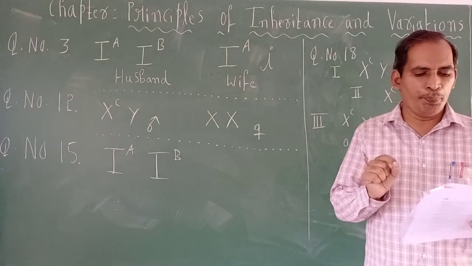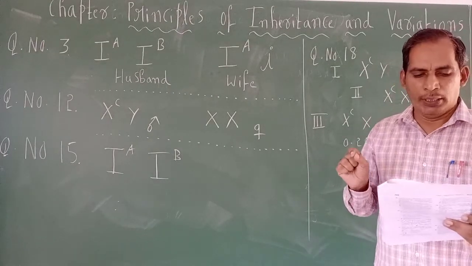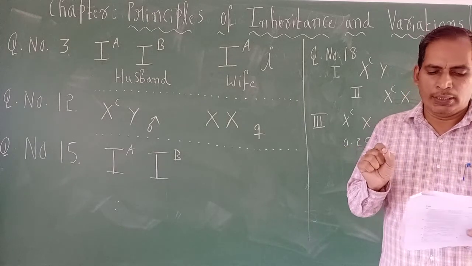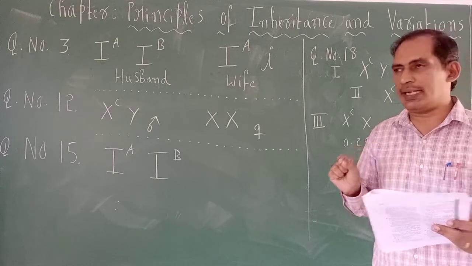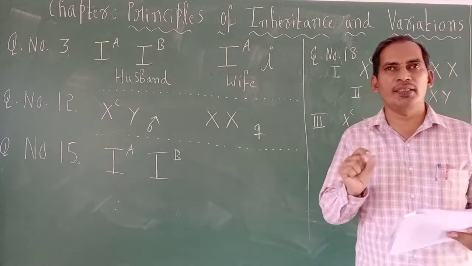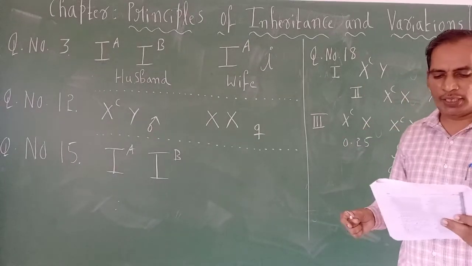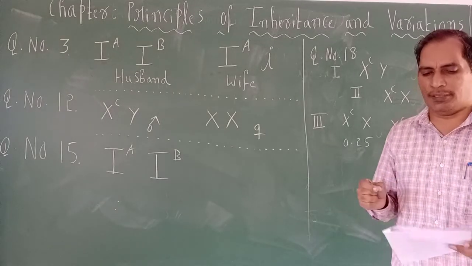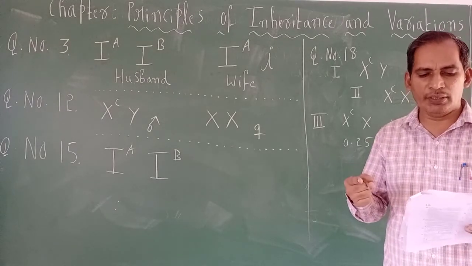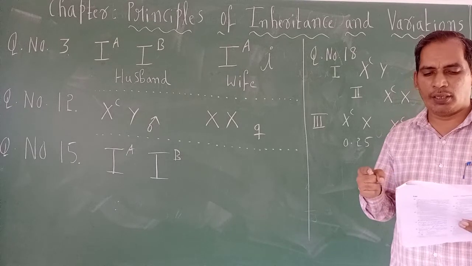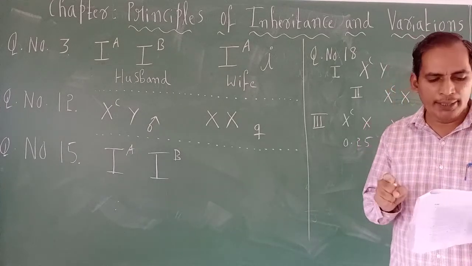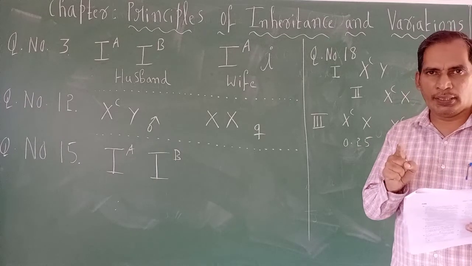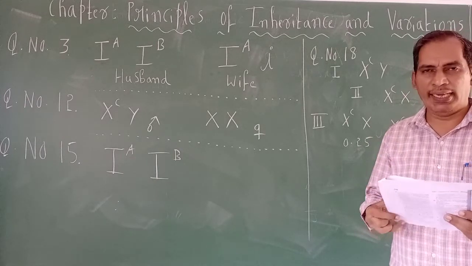Next, option C, pleiotropy. Pleiotropy is a single gene influencing many characters. Okay. Then option D, polygenic inheritance. That is correctly matching with 1. That is many genes govern a single character. So, the correct option here is option A. The correct option is option A for the question 8.